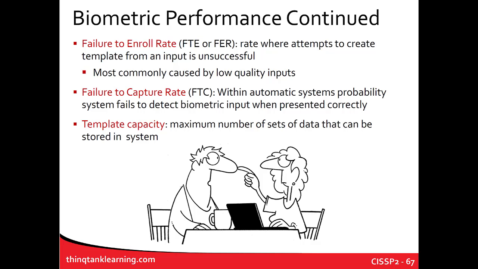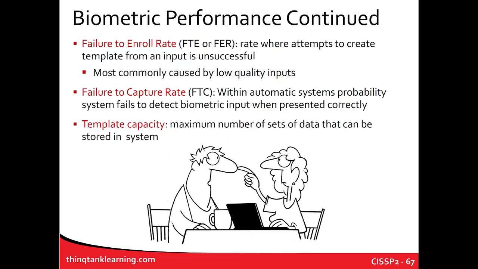So now I've got a company that decides to implement fingerprint scanning for building access. FTE matters during the onboarding. If 10% of the employees can't enroll, you have to have some sort of fallback method. FTC is going to affect the usability, right? If the scanners fail during rush hour, that can cause bottlenecks and delays.